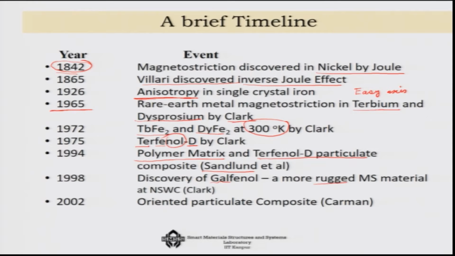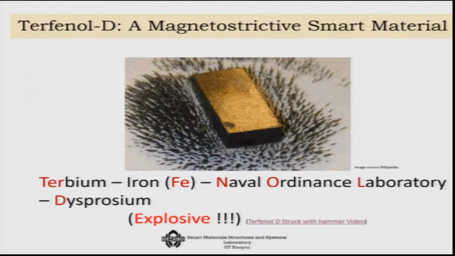And also people have worked on magnetostrictive particles, very fine nanoparticles, and then orient them in the particulate composite phase itself. So, these are various advancements that are happening in the realm of magnetostrictive materials. These materials, in comparison to their piezoelectric counterparts, have very high energy content.